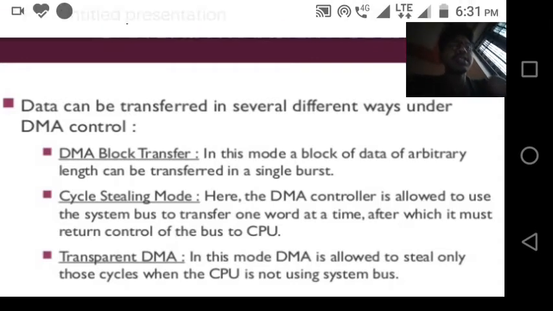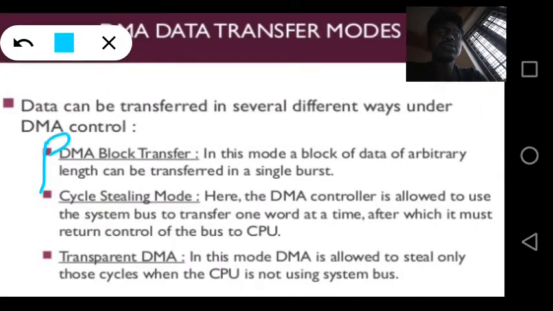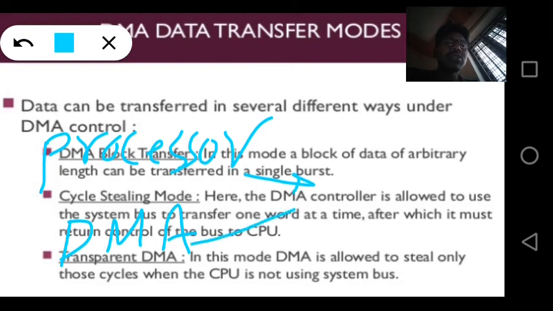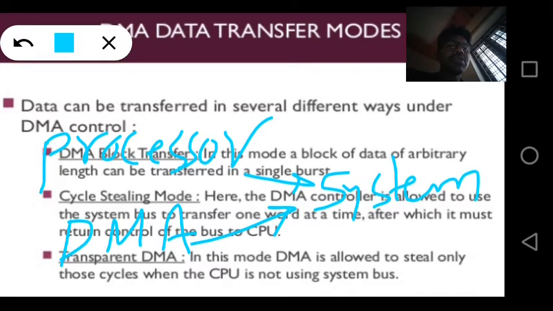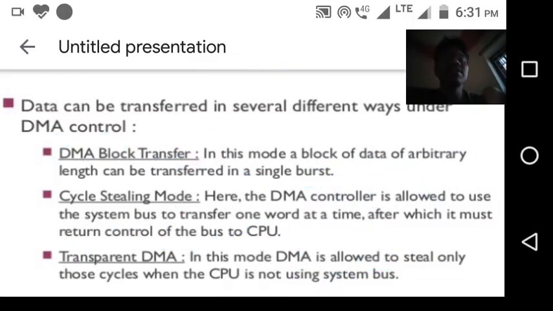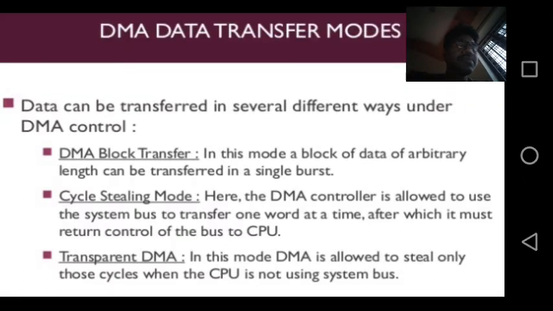As I said earlier, the processor and DMA both are competing for the system bus.